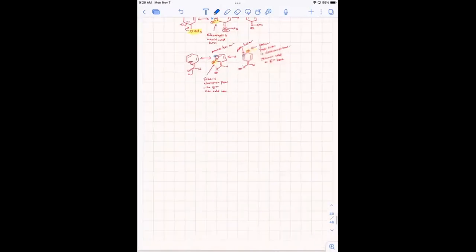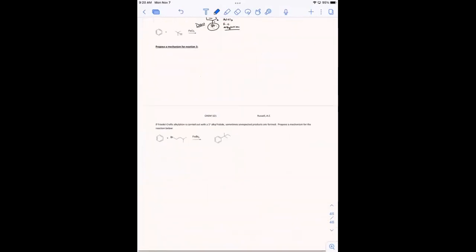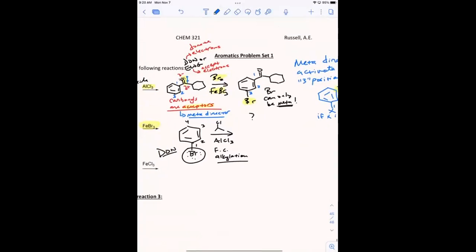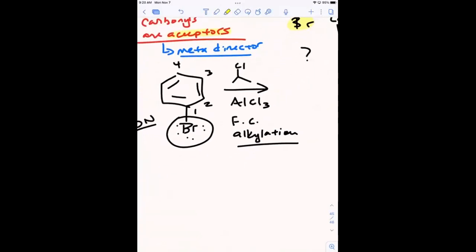So if we go back to the example we were looking at, let's see if we can figure this out. If I have a bromine, which is a donor, right? So this is 2. If we put electrons into the ring like so, let me rearrange those double bonds. That's going to put a pair of electrons on carbon 2. Right, so that's one spot.